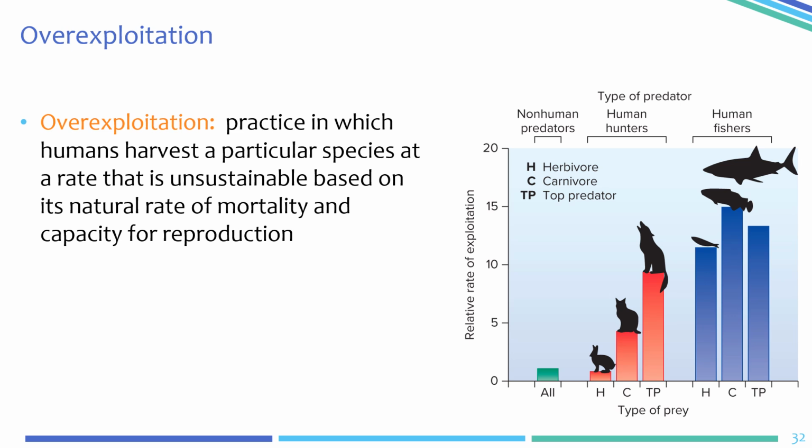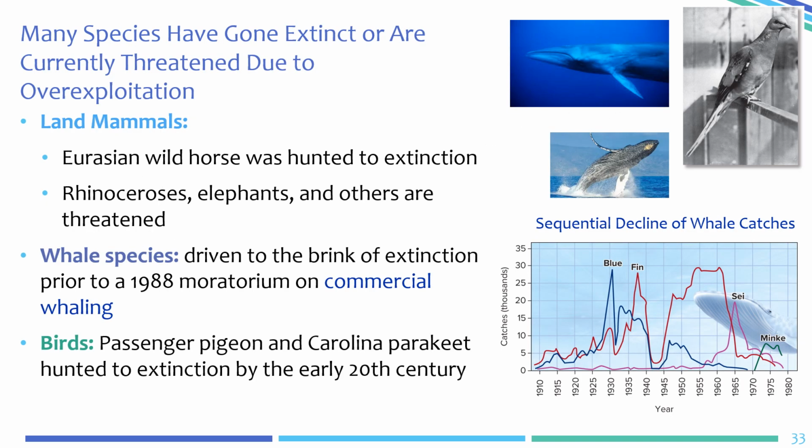Fisheries are a very common place where we see overexploitation. Many regions and cultures depend on aquatic organisms for their food, but humans affect these in very large numbers. So there are a few examples of organisms that are threatened or have gone extinct due to overexploitation.